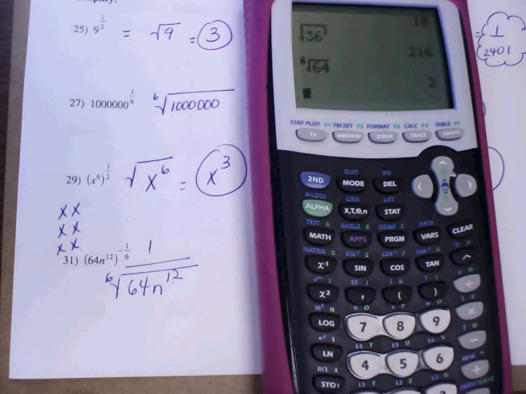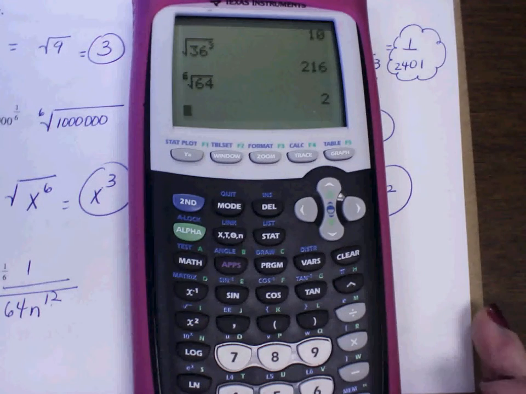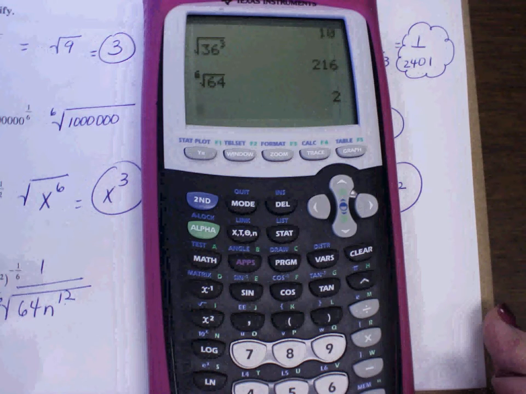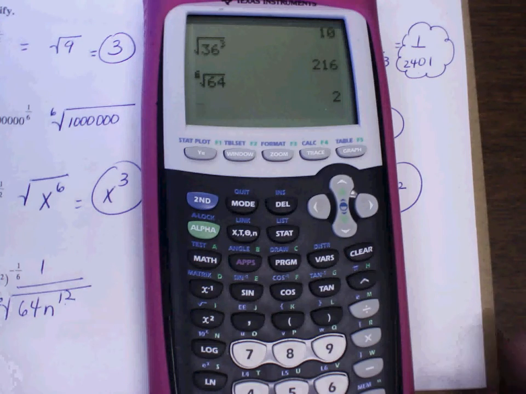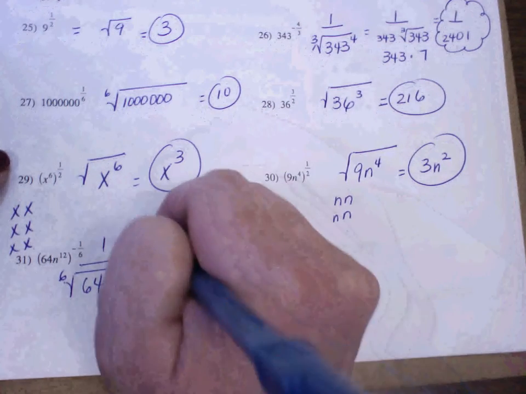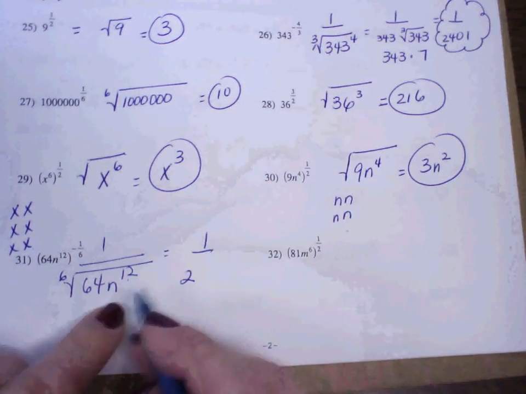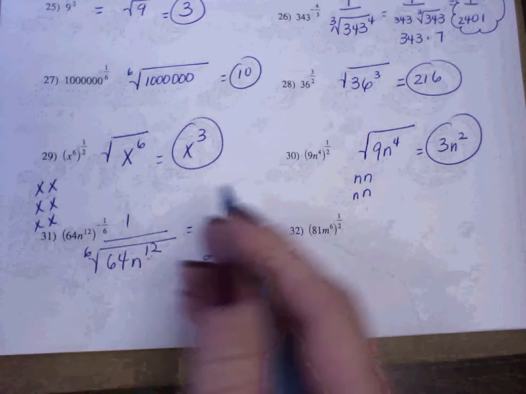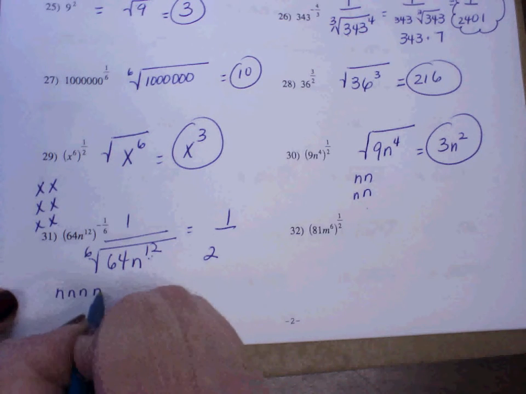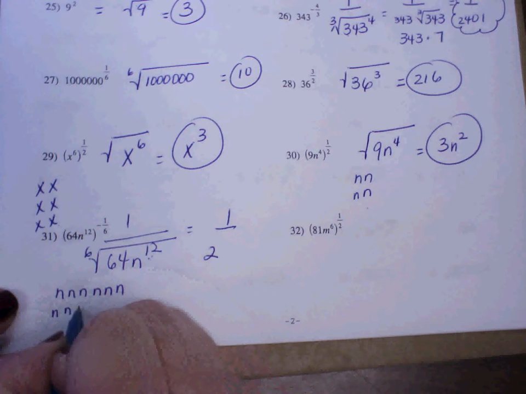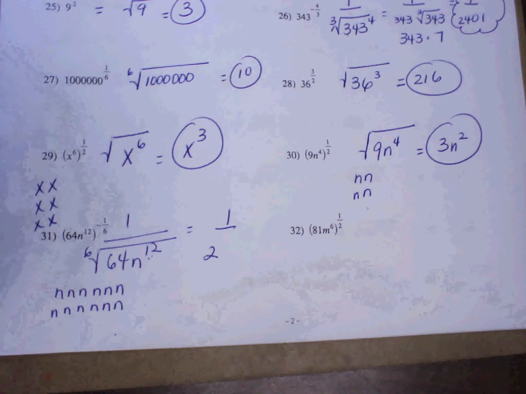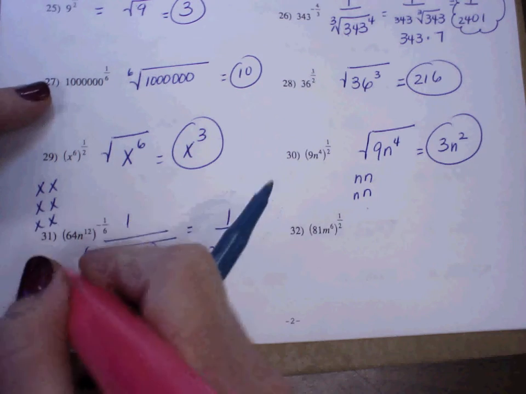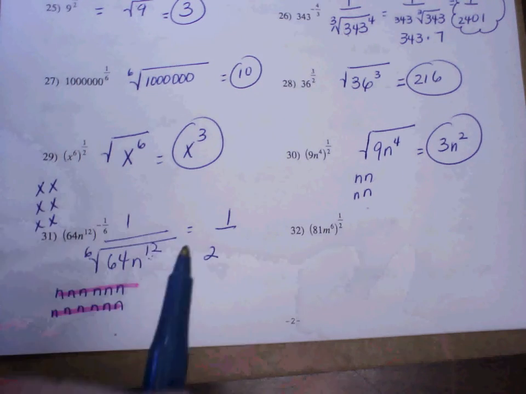Yep. You see it? Did you get 6? Do we know how to do this in the calculator? If you don't know, you need to ask your family members, because there's at least one person that knows how to do it. That's important. And then for every 6, that's 12. For every 6, 1 comes out. So n to the second power.